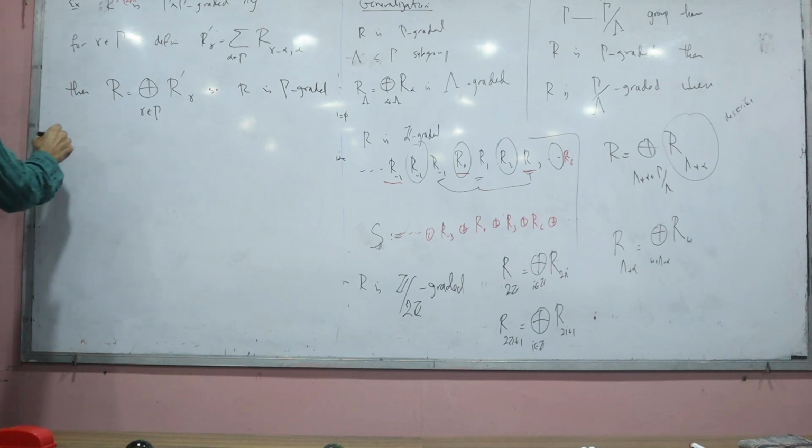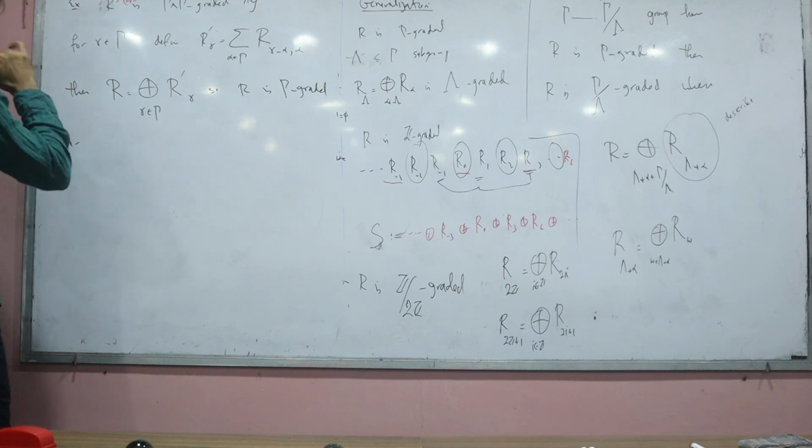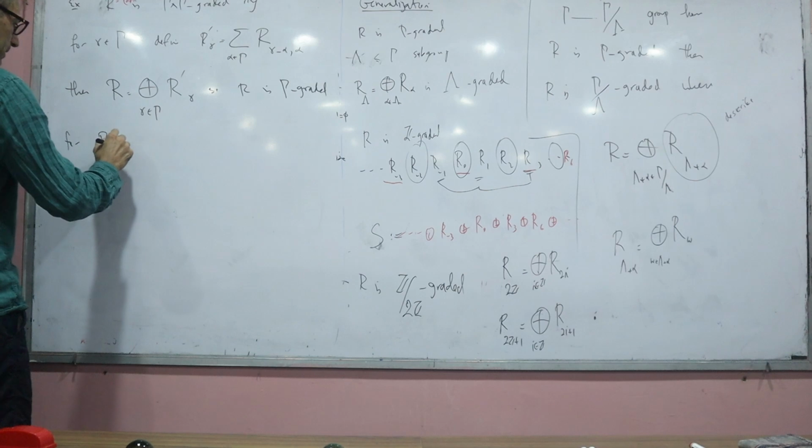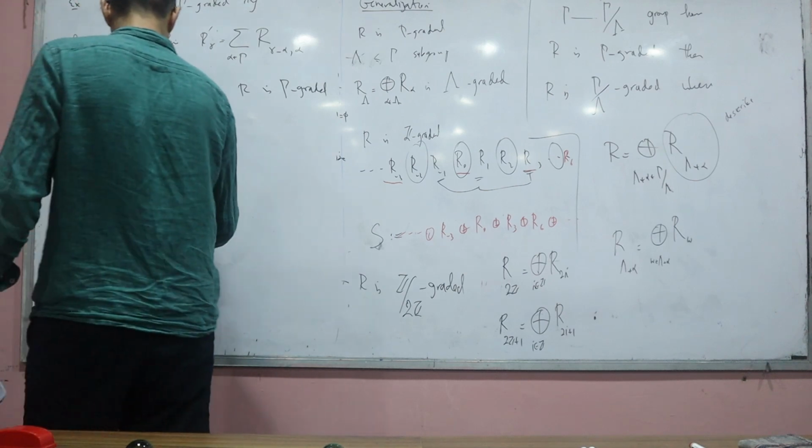And here is, just to give you a picture of this, for Gamma to be Z, this is how it looks.